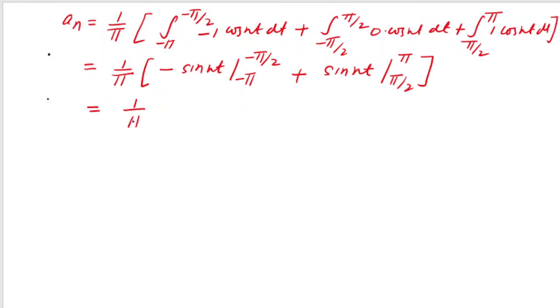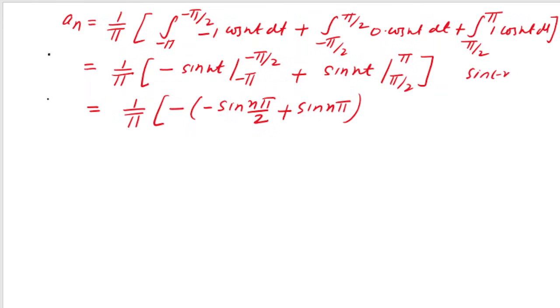So I will get 1 by pi. So this minus, and if I put the upper limit in minus pi by 2, I will get sine minus theta is minus sine theta, so I will get minus sine n pi by 2, and minus sine n pi, so again it will become plus, so sine n pi. I hope you remember this result which I am using here.